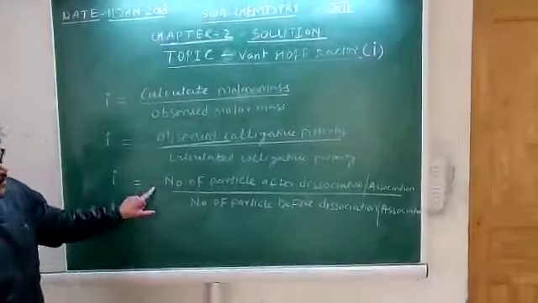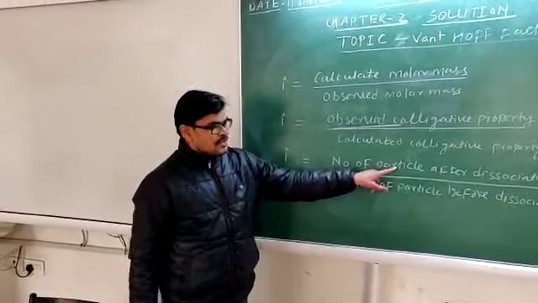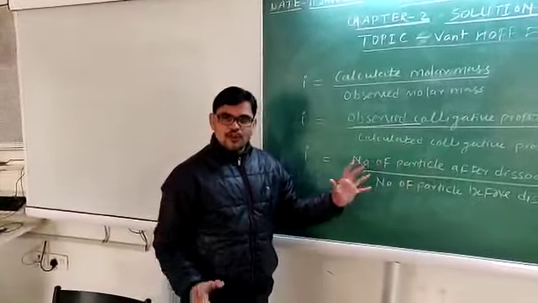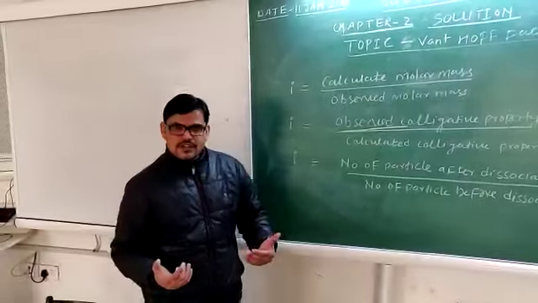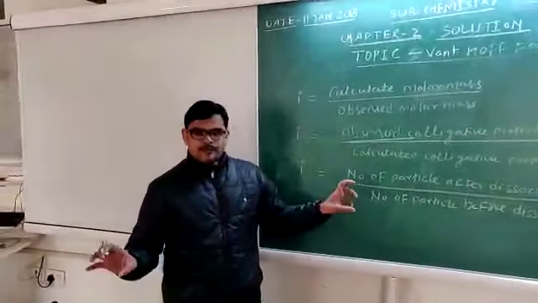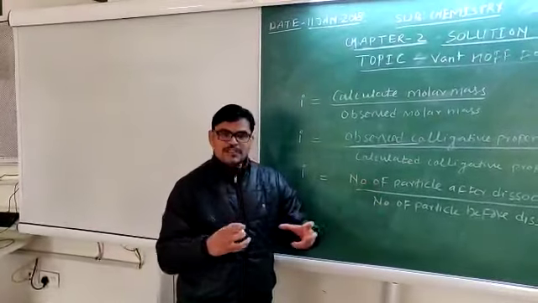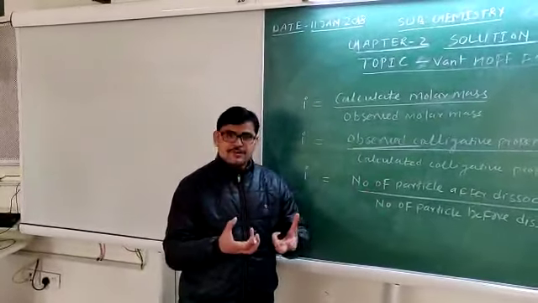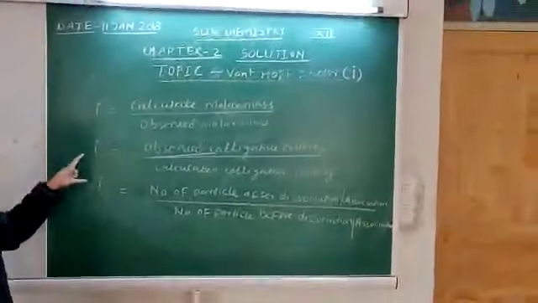This is another formula to calculate the van't Hoff factor of the compound. Number of particles after dissociation. Do you know what is meant by dissociation? The breaking of the substance is known as dissociation. And what do you mean by association? The combining of the substance. So these are the three formulas to calculate the van't Hoff factor.